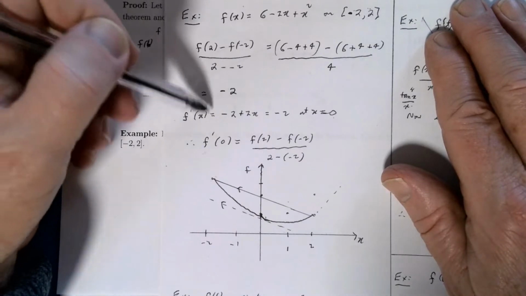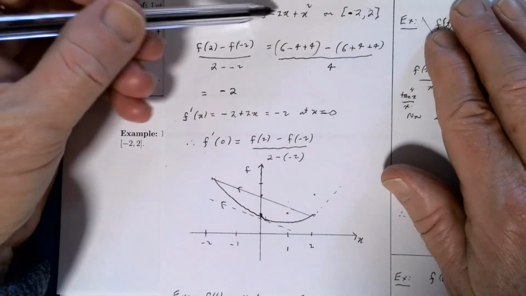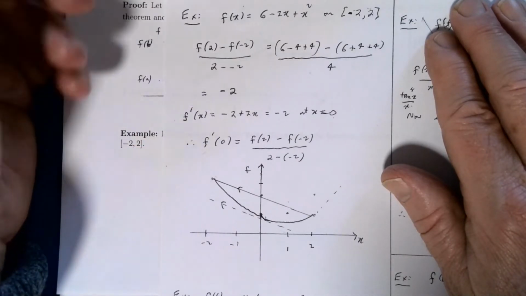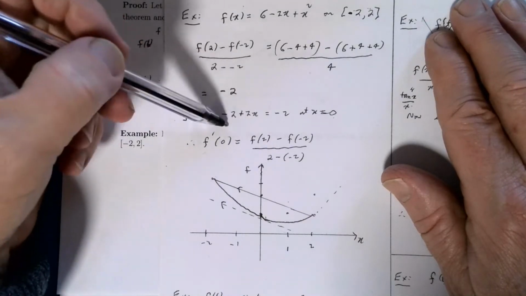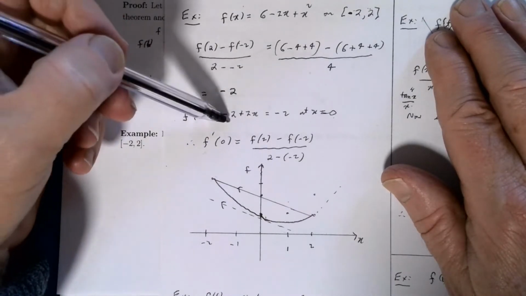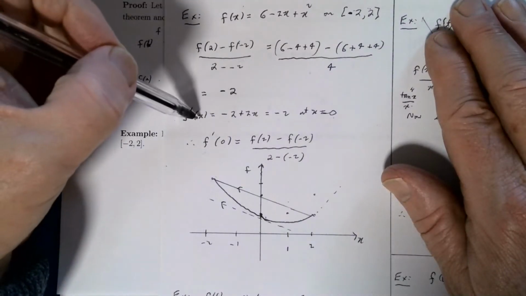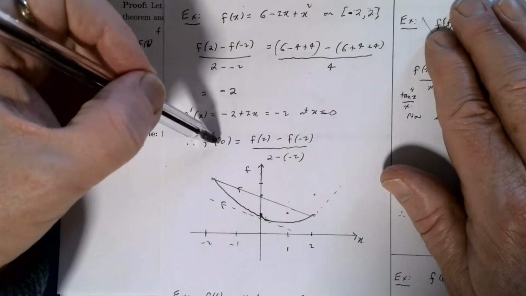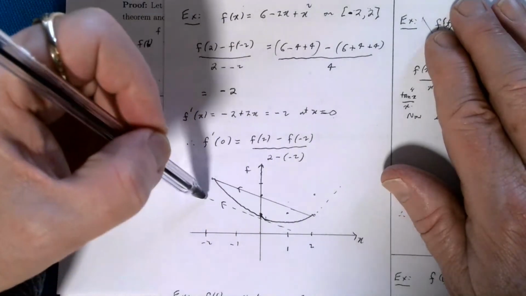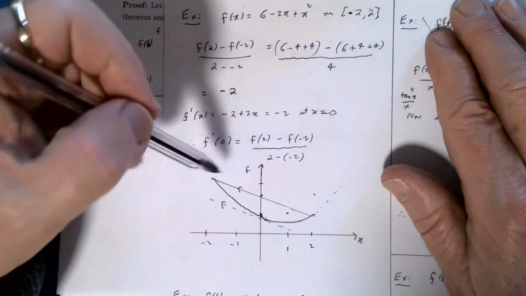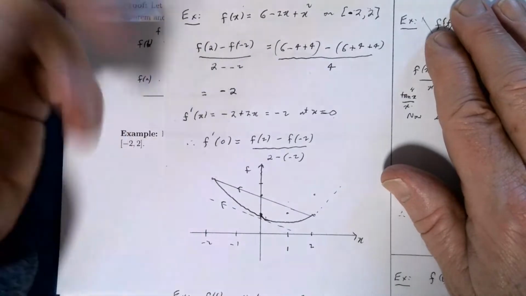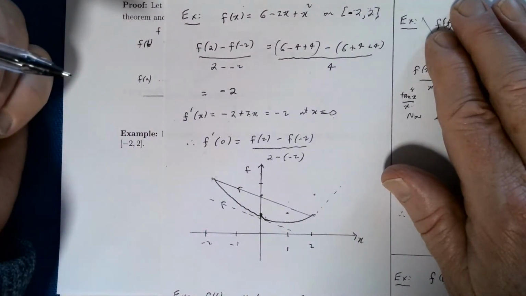So I differentiate the function. I get minus 2 plus 2x, and I want to know, where does this equal minus 2? Well, it clearly equals minus 2 when x is 0. So indeed f dashed of 0, that's the gradient of the tangent at 0, matches up with the gradient of the chord. So that's just a little illustration of the theorem.